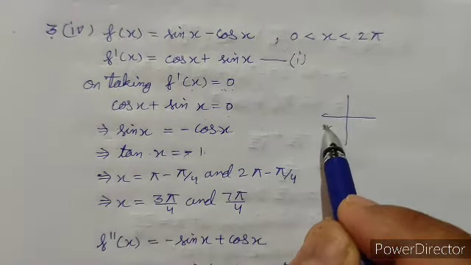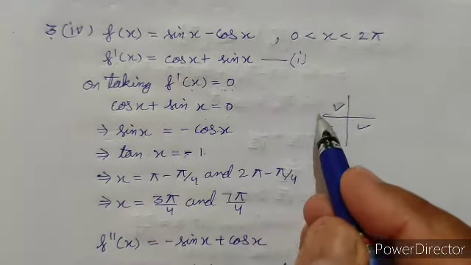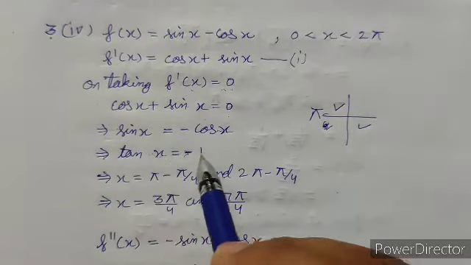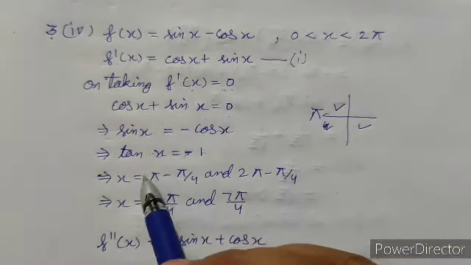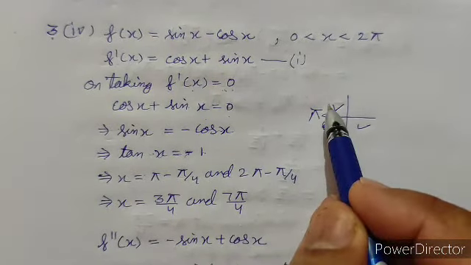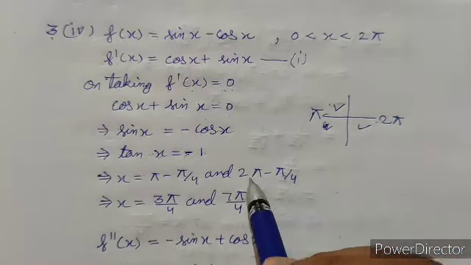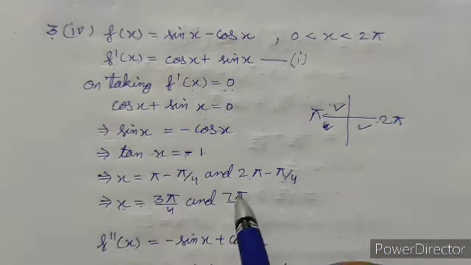So tan x is negative in second and fourth quadrant. So we can write, and tan pi by 4 is equal to 1. So this value of x will be pi minus pi by 4 and 2 pi minus pi by 4. And this will give us the value of x as 3 pi by 4 and 7 pi by 4.